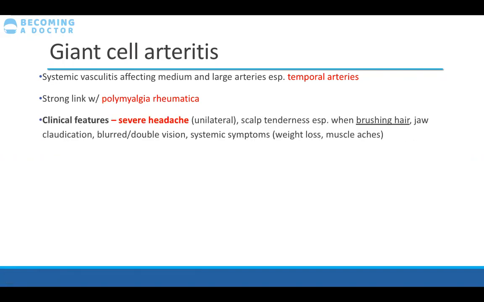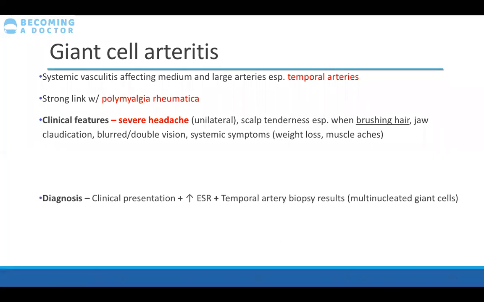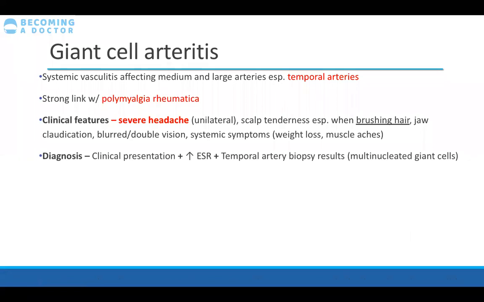And in terms of the clinical features, they usually present with a severe headache that's unilateral. They can have scalp tenderness, especially when they're brushing their hair. So that's a good question to keep in your mind. Other features they can have are jaw claudication, vision problems, so double or blurred vision, and systemic features like weight loss, muscle aches.